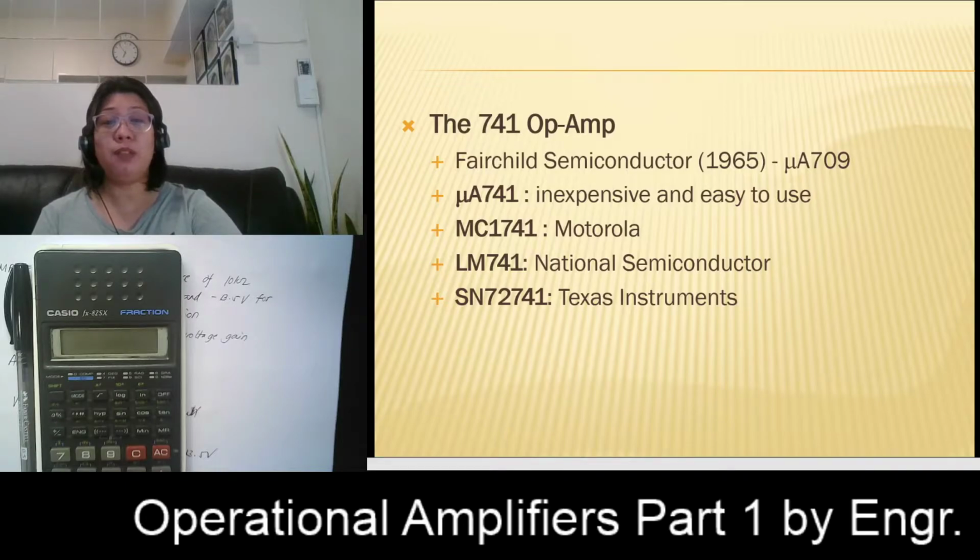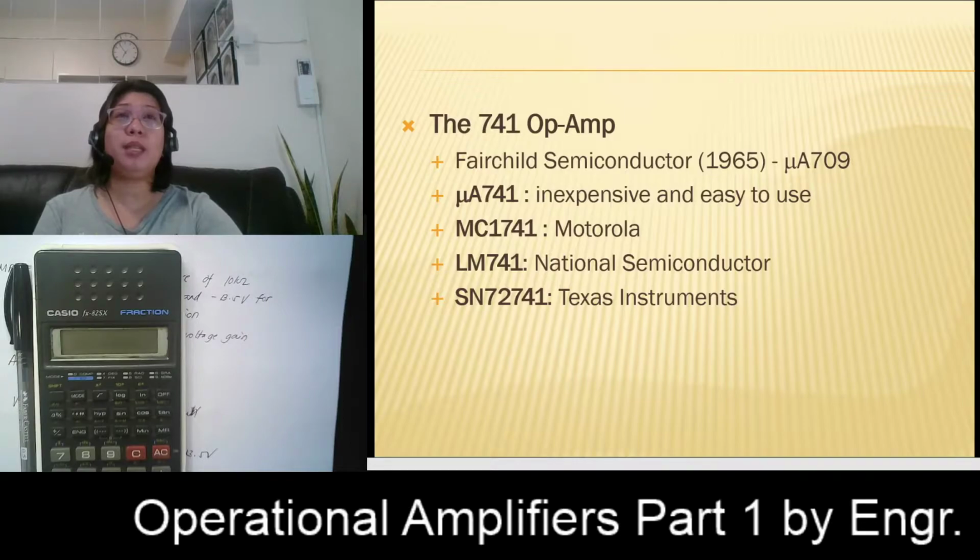What we have discussed on the previous slides, from their open loop voltage gain to the input bias currents or voltages or CMRR and everything, they share the same values. Usually the first two letters just signify who manufactured that 741, but the specifications are usually the same.